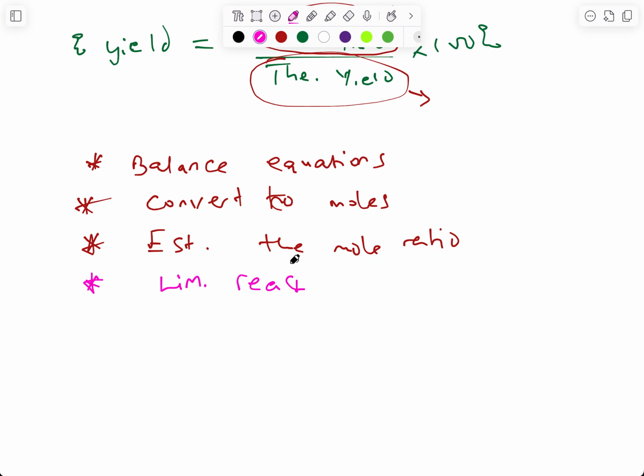Whatever number of moles of your limiting reactant is given is what you will use to do every other calculation, because like I said, it determines the extent of a reaction.